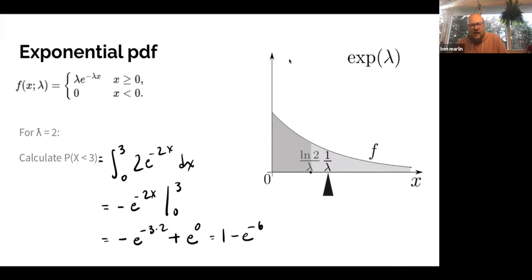Gosh, e to the 6th is going to be like, I don't know, maybe 2, 3 or 4 1,000ths, I think. That's just an estimate off the top of my head. So this is going to be something like 0.99 or more than that. So the vast majority of this distribution is going to be to the left of the 3. So, all right.